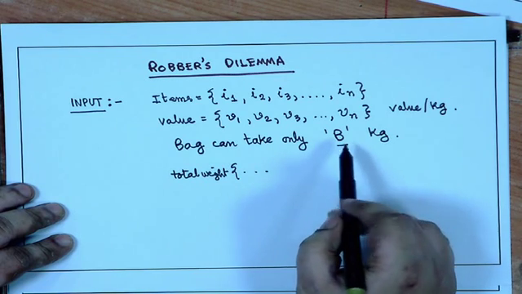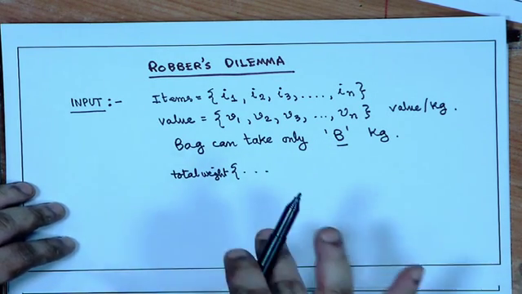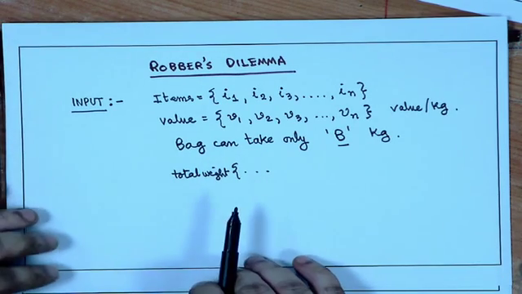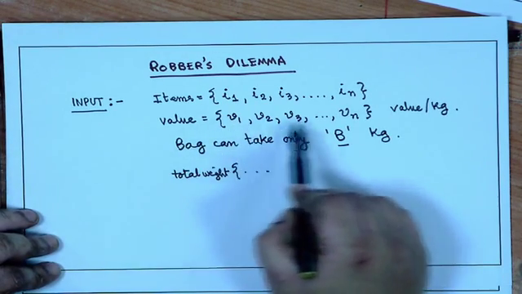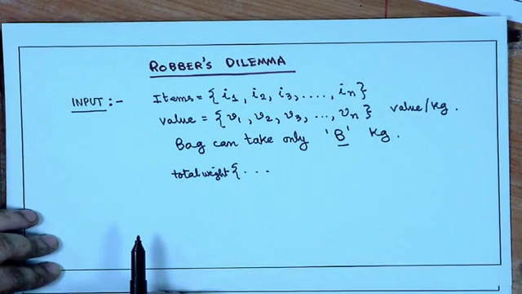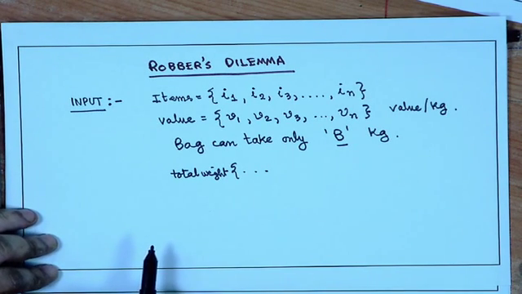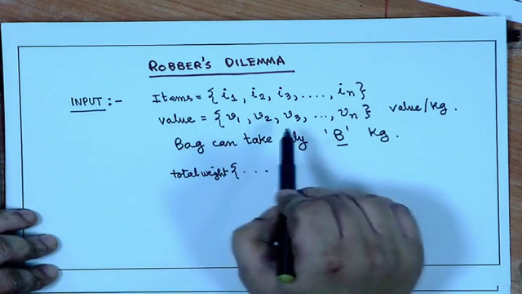So, no item is of B kgs, it is but a big bag, no item is of B kgs. So, what will he do? He will have to choose which item to take. So, then he starts thinking what to do. So, his final choice is how many kgs of which item he will take.